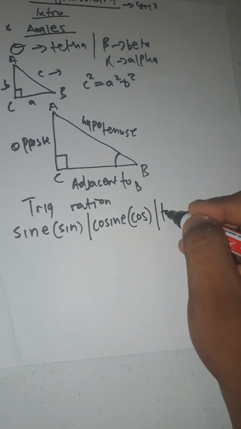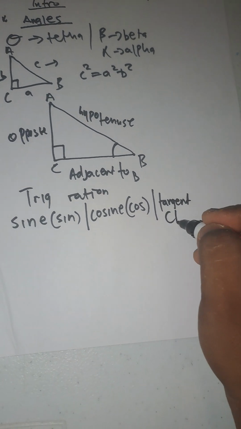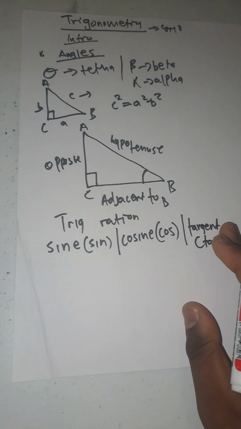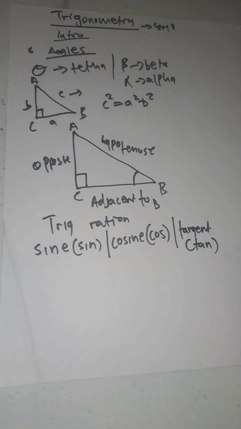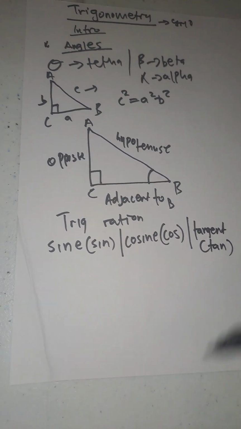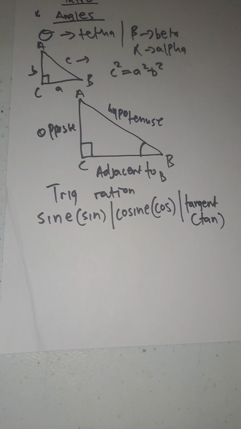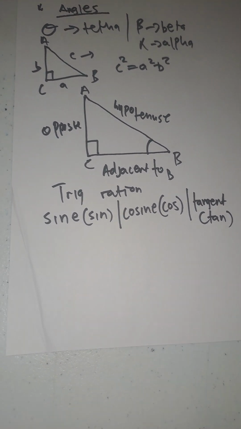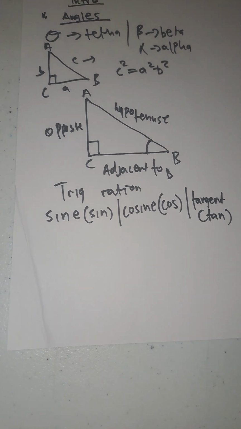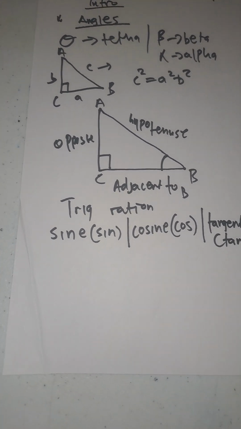And then we have tangent, which in our study we call tan. Those are the three ratios that you're going to use until grade 12 and further grades. When the three ratios are applied to a right angled triangle, they define the relationship between its sides and angles.